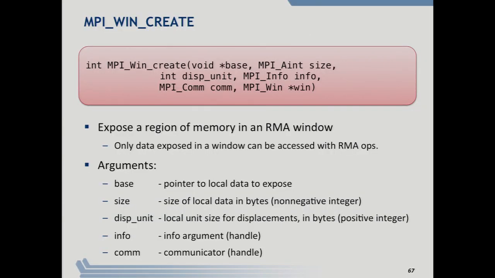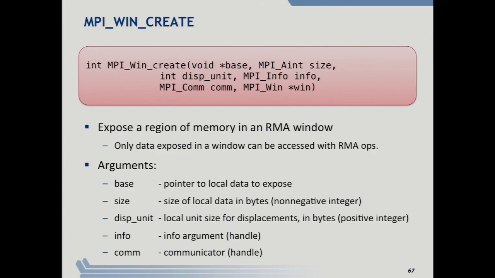Okay, so enough beating around the bush. This is what MPI win create looks like. It has just a few arguments here. The first two describe the block of memory, so the base address and the number of bytes. And it really is the number of bytes. This is a displacement unit.